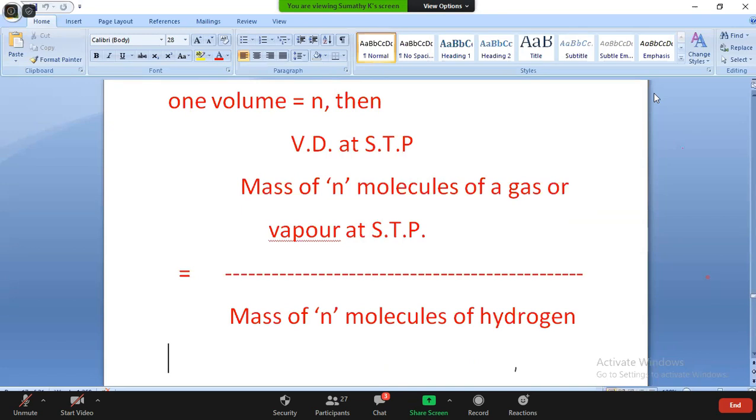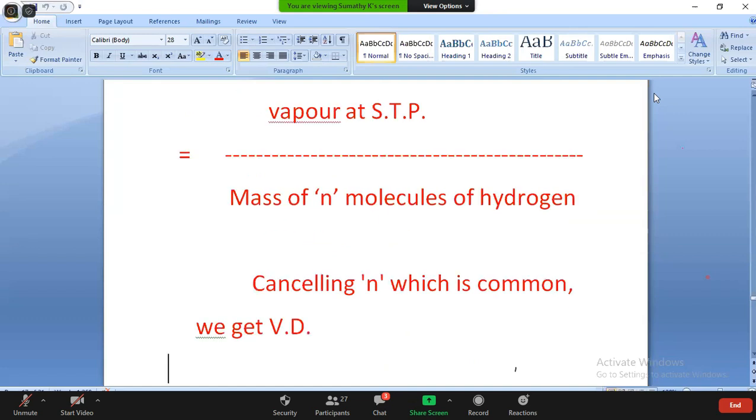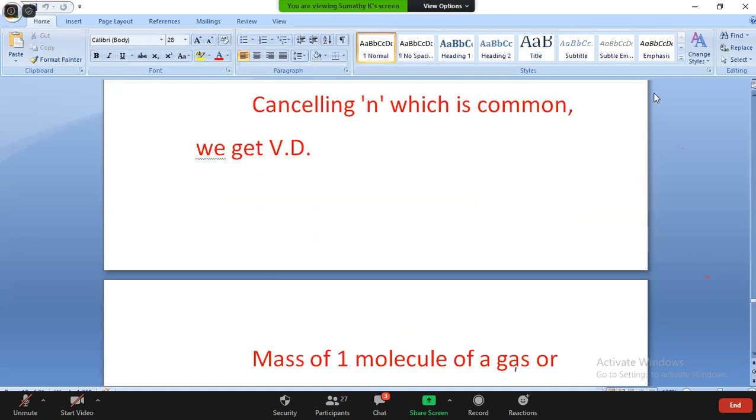Here, the mass of the n molecules of the gas or vapor at STP divided by the mass of the n molecules of the hydrogen. Now cancel the n. n is common for the number of molecules, the number of volumes.